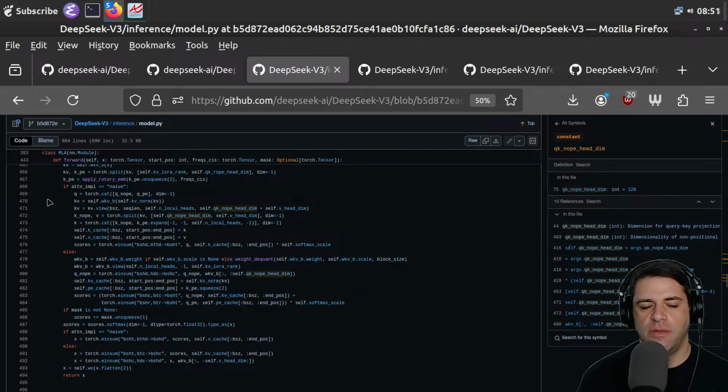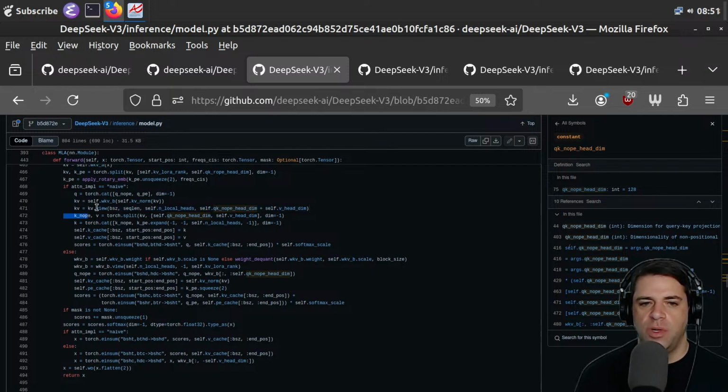So let's look at the naive implementation. So we're going to torch cat, which I assume is something like concatenation, the nope and the rope thingies along the dimension -1. And then we're going to apply this WKVB map, taking the KV norm on KV. We'll take a view of this, passing the B size, the sequence length, the number of local heads, etc. again.